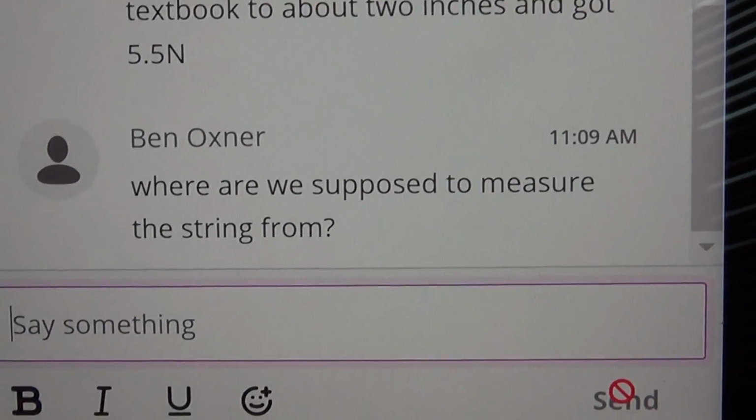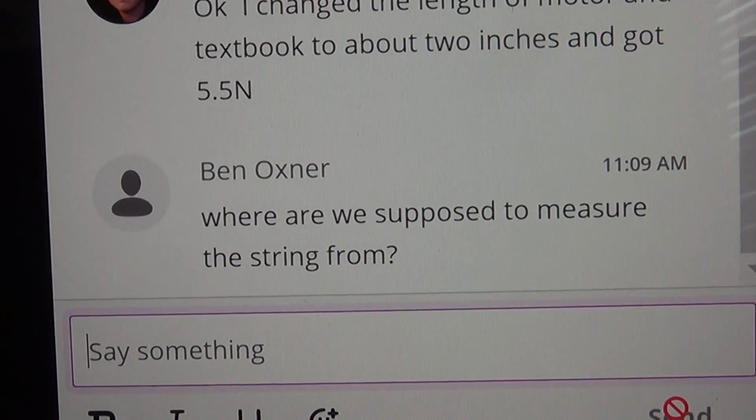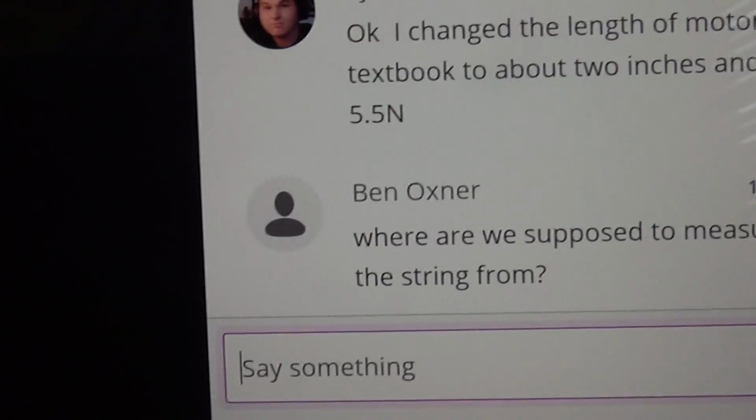Where is this to measure the string from? Okay, so for the length L, you're measuring from the knot that you have holding the motor on the string, so the knot on the string for where the motor is at, to the knot on the string where you're tied off to the eye screw of the IOLab. That's your length L for the mathematical purposes.